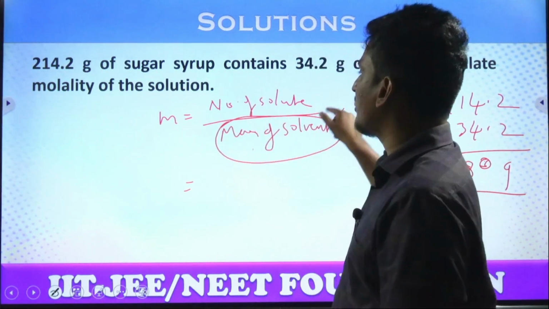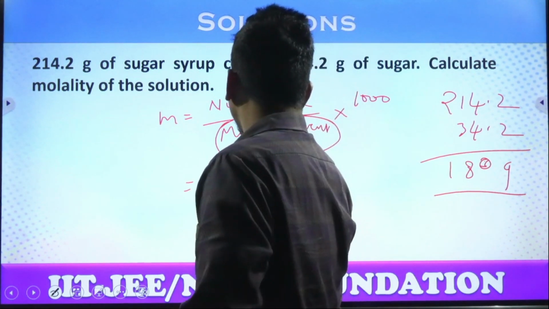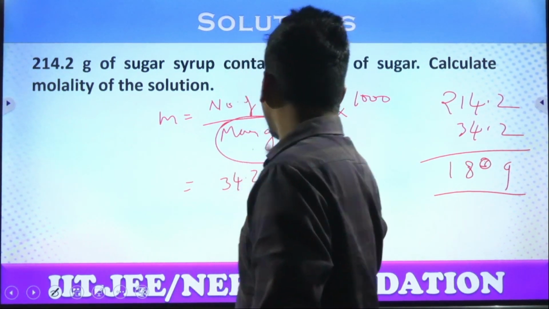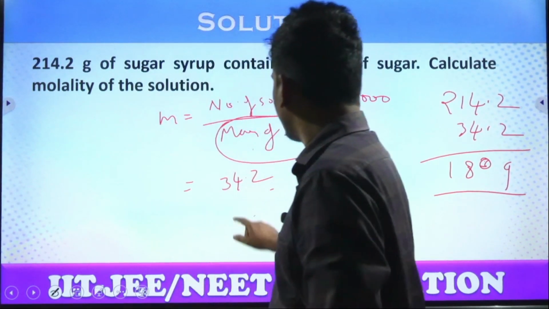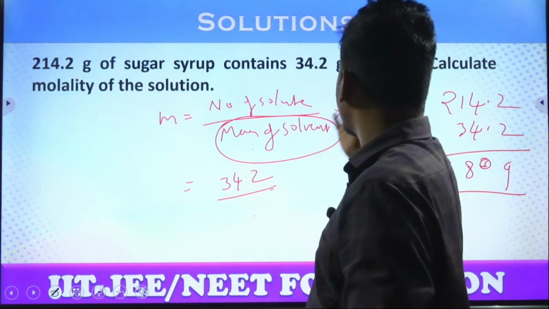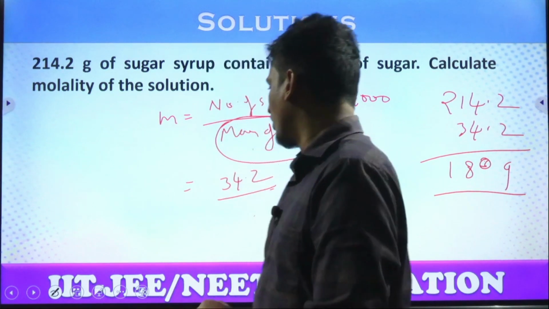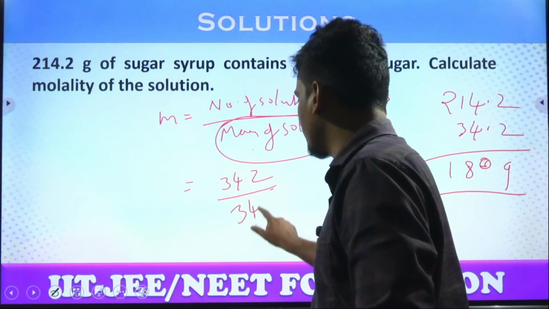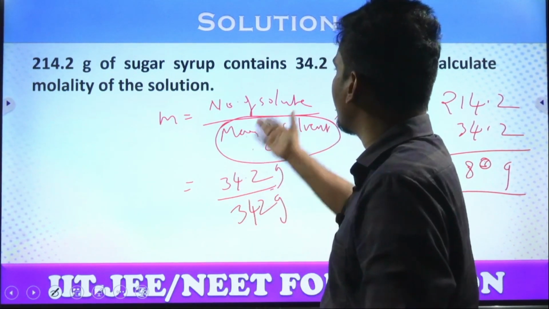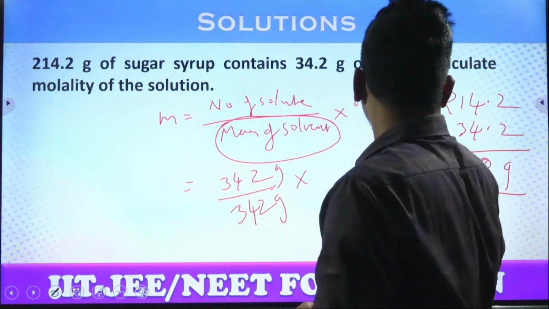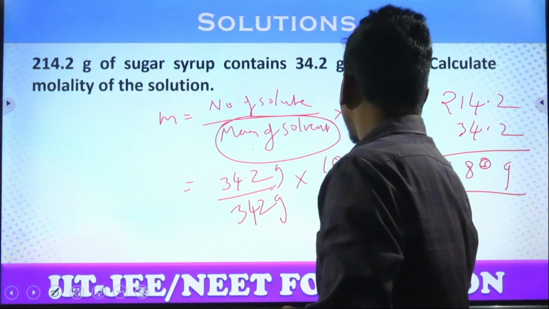And what do we need to find? We need to find the number of moles of solute. How to find the number of moles of solute? You already know the mass of solute. How much? 34.2 grams is the mass of the solute. And what is its molecular mass? What is sugar, students? Sucrose, C12H22O11. So 342 grams is the molecular mass of the solute, and the given mass is 34.2, into 1000 by 180, the mass of the solvent.